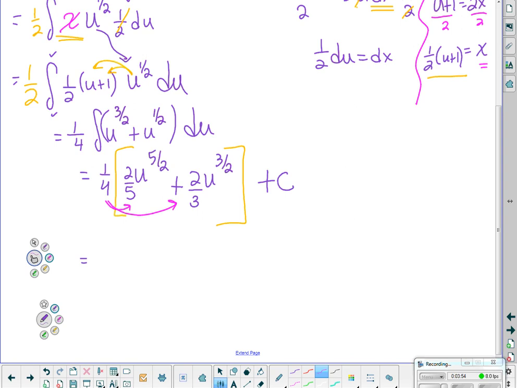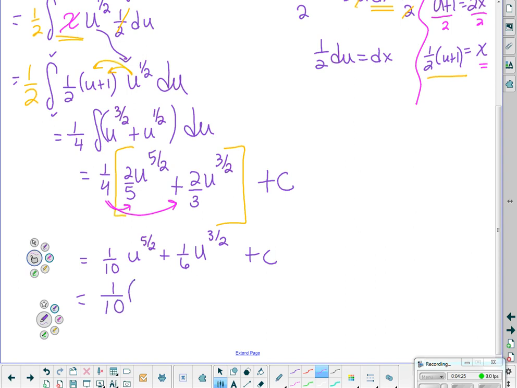So we're going to get 2/20, the same thing as 1/10, u to the 5/2 plus 2/12, that would be a 1/6 u to the 3/2, and then we get plus c.